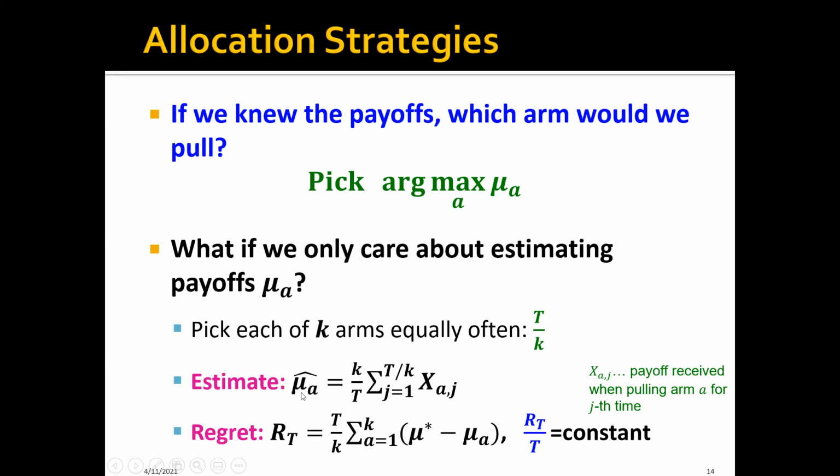And it's easy to see that if you do this, then the total regret would just be T over k times the summation of mu star minus mu a. So if you divide this by T, we can see that it's actually 1 over k times the summation, right? So this is actually a constant, and it doesn't really approach 0 as T goes to infinity, right?